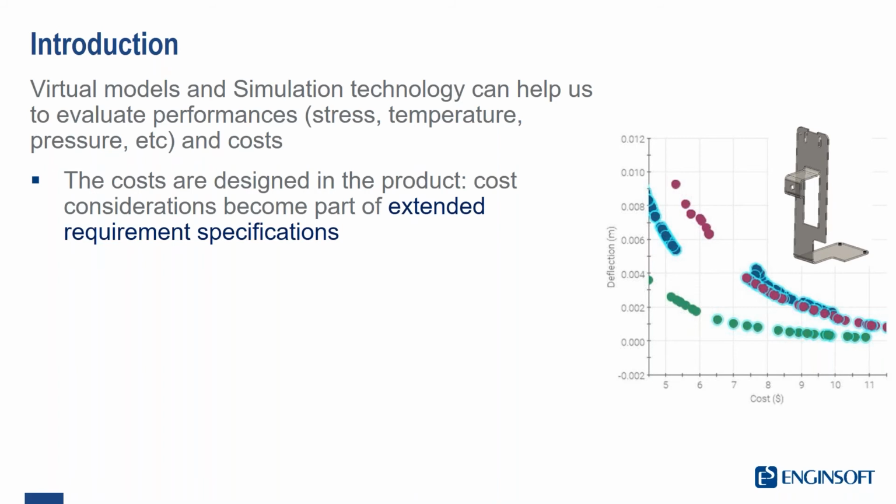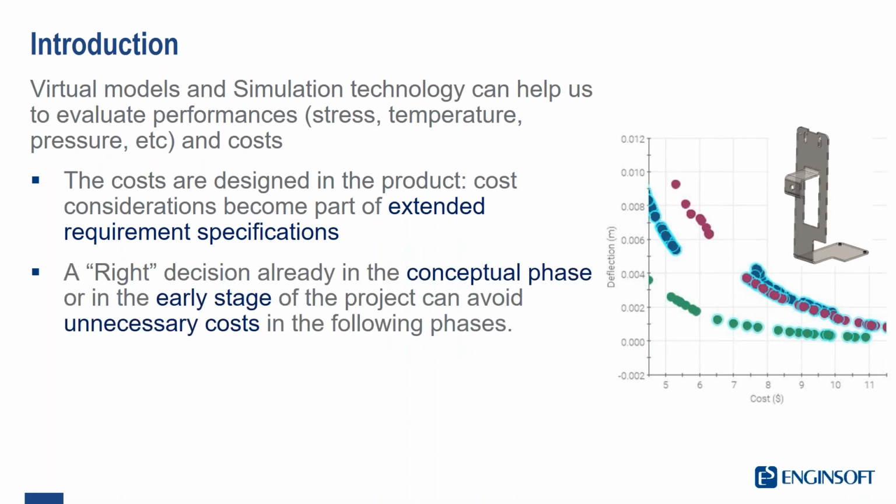The basic idea is that costs are designed into the product from the first conceptual decision, or anyway during the development phase, and are difficult to remove or extensively modify later. So costs are seen as an extended requirement, an equally important parameter in addition to the technical requirements.